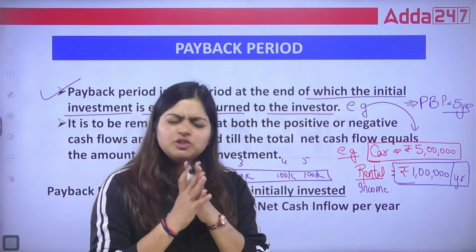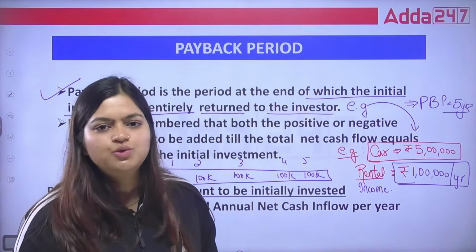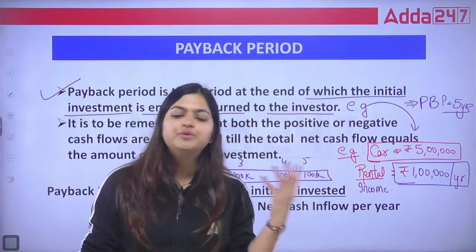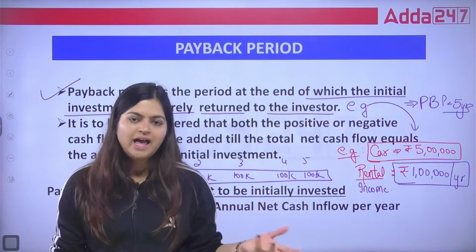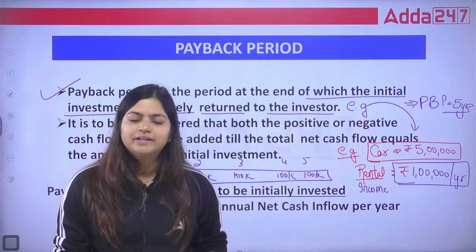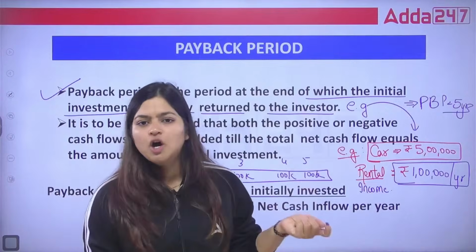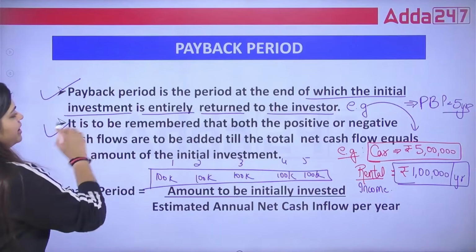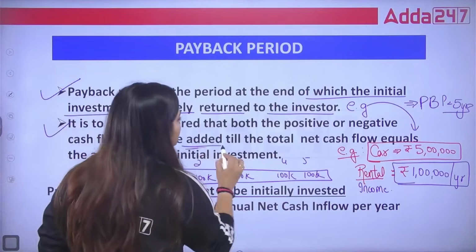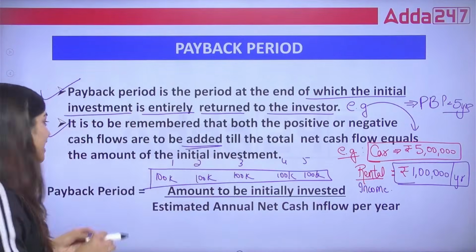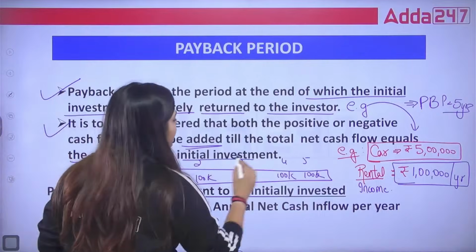Payback period means the simple calculation we are always doing: in how many years are we going to recover it? Just by adding whatever future incomes we are analyzing. The same thing payback period talks about. Now, it is to be remembered that both the positive or negative cash flows are to be added till the total net cash flow equals the amount of the initial investment.